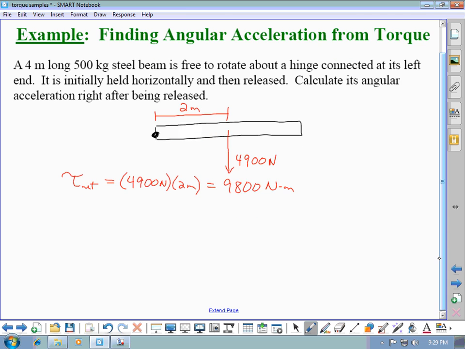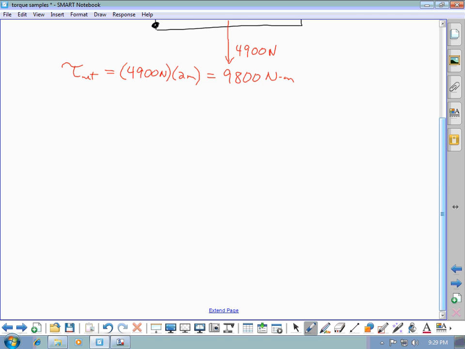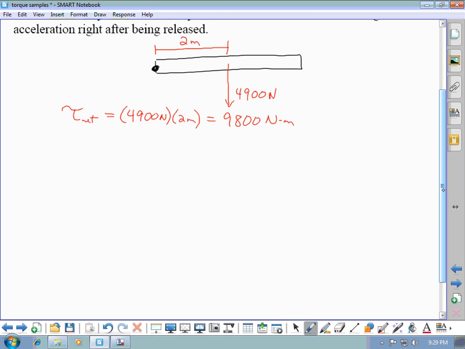Now, the rotational inertia of this rod, you could just use the fact that in several problems we talked about the rotational inertia of a rod about its end, and we said that that was 1/3 ml squared. But maybe you don't remember that.